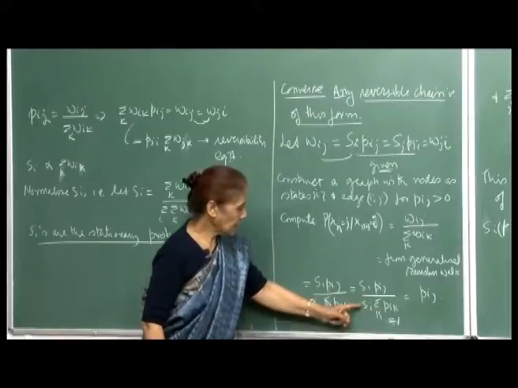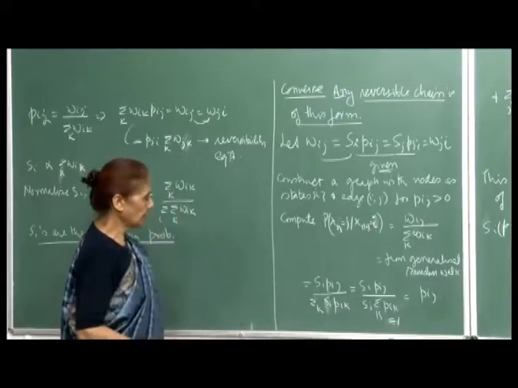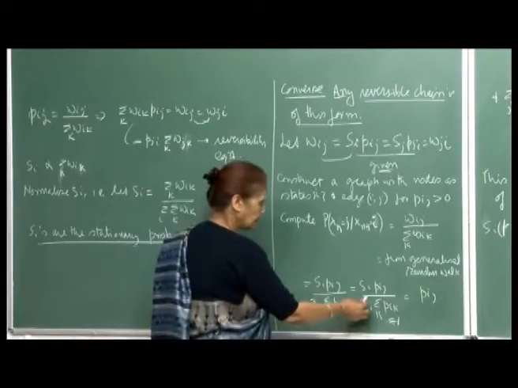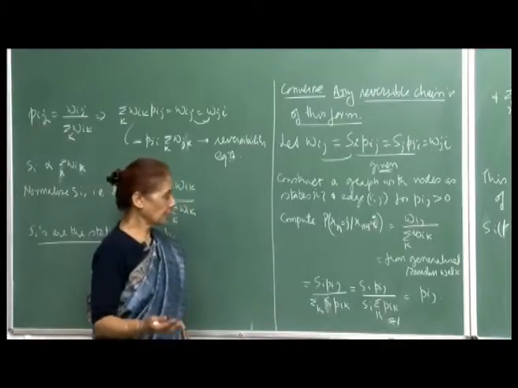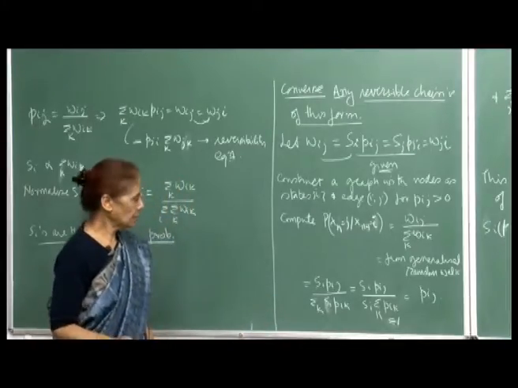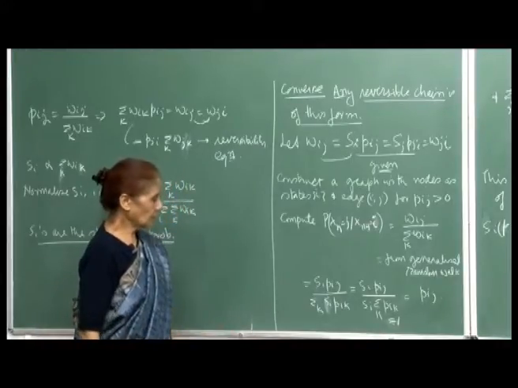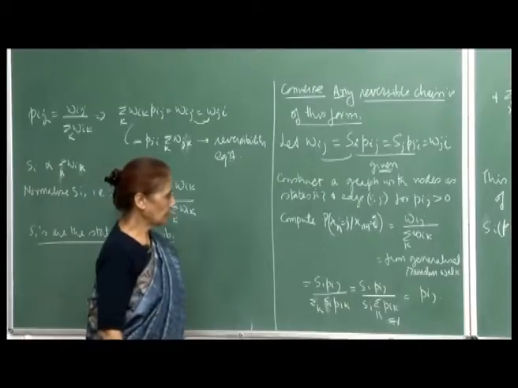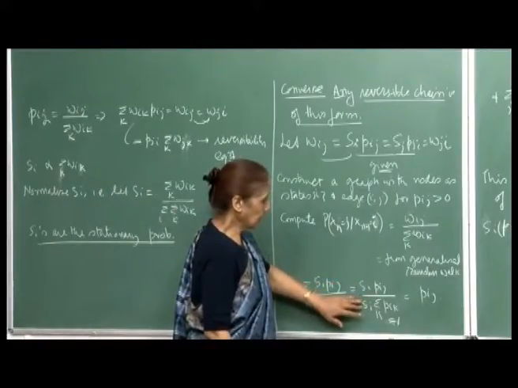So, Si cancels, and as I had earlier said and will again repeat, the Si's are not 0, because if an Si is 0, then the probability of being in that state is 0, and so we can always remove that state from the process and work with a reduced process. So, these are meaningful only when Si's are not 0.